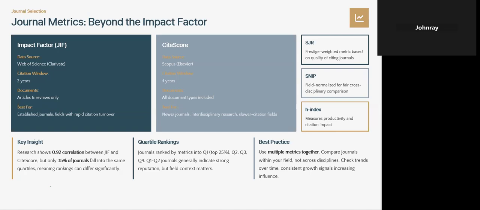Okay, Source Normalized Impact per Paper. Thank you so much. Impact per paper means that for each paper, what has been the impact of it? When this journal publishes a paper, what has been the impact of that paper? They look at the impact of each paper published in the journal.